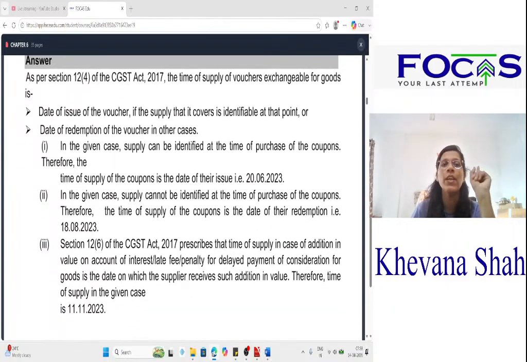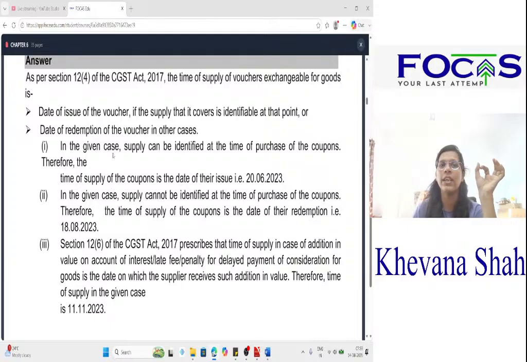Now let's see. As per section 12(4) of the CGST Act 2017, the time of supply of vouchers exchangeable for goods is the date of issue of the voucher if the supply that it covers is identifiable at that point, or the date of redemption of the voucher in other cases.